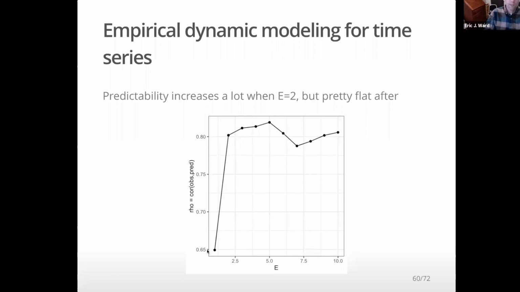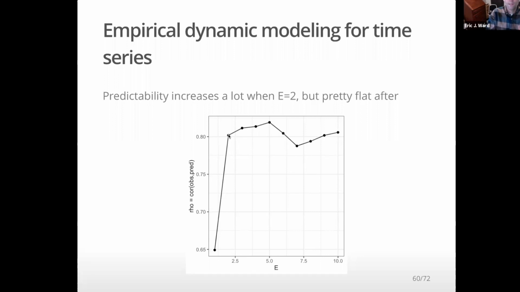The way to read this plot is, with an embedding dimension of 1, if you just use your previous lynx abundance to predict the future, the predictability between your observed and predicted values is going to be 0.65. Overall, that's actually pretty good probably. But if we change our embedding dimension to be 2, and now use not just our last observation but our last 2 observations, then our predictability, our correlation between observed and predicted values, jumps to over 0.8.